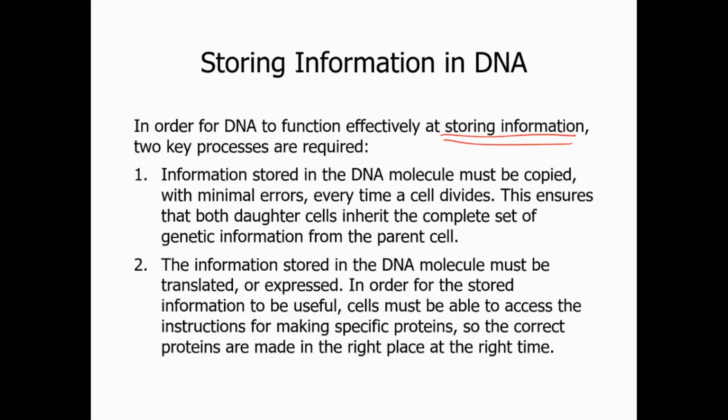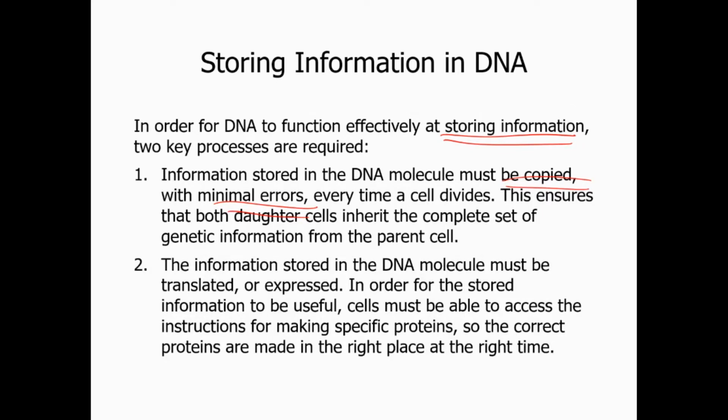Because you want to keep the genetic information consistent between generations. And you don't want to make too many errors because it may cause really bad mutations, which lead to reduced survival or reproduction. This can definitely be achieved by the structure of DNA, and we'll talk about that.